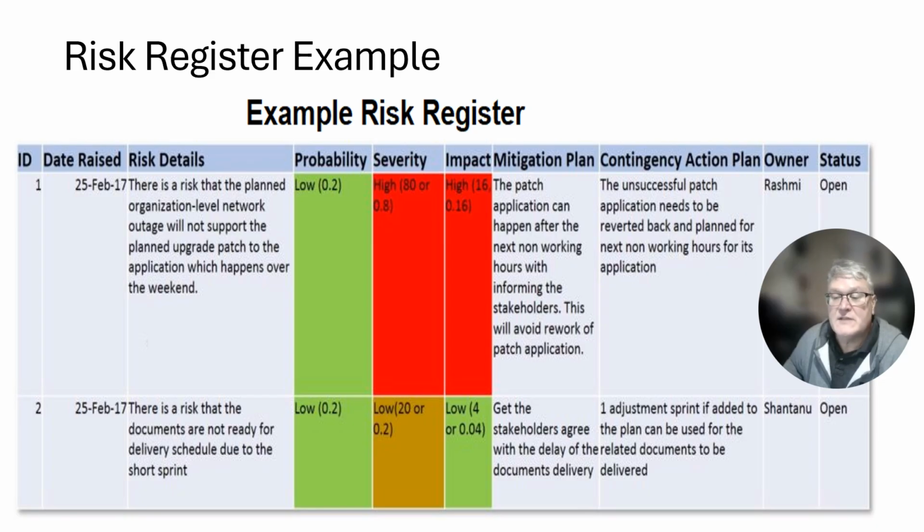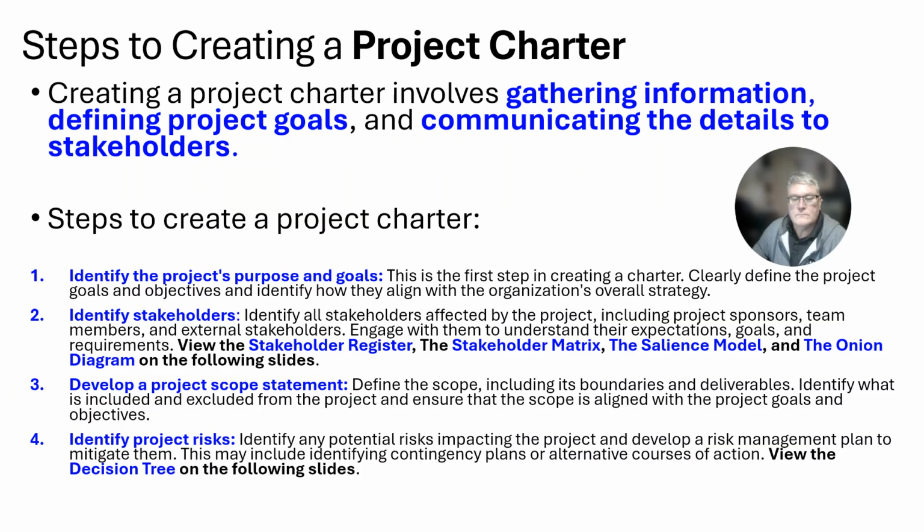Then a contingency plan, if it occurs and it can't be resolved and we need to work around it, that would be a contingency plan. Then there would be an owner, in other words, somebody who identified the risk, and then the status: if it's open, that means that it can occur, or if it's closed, it means that we addressed it and it was taken care of.